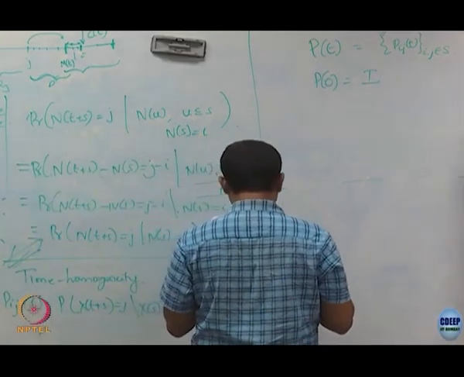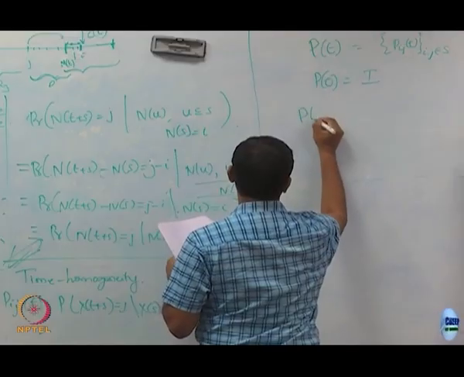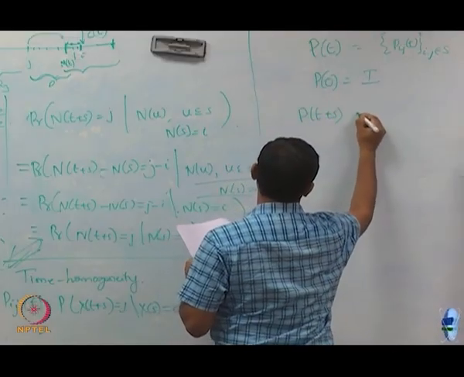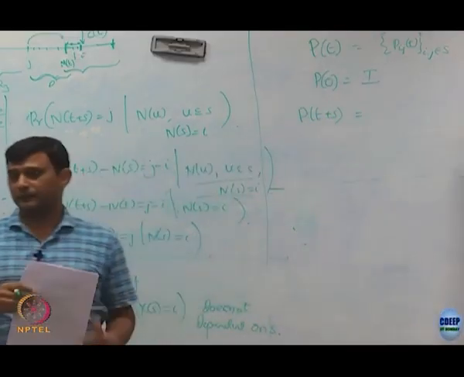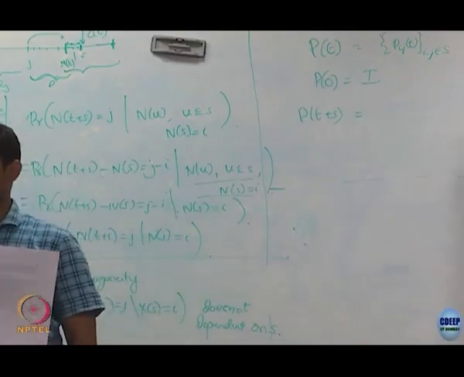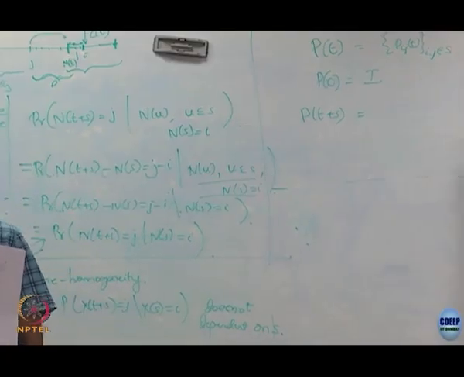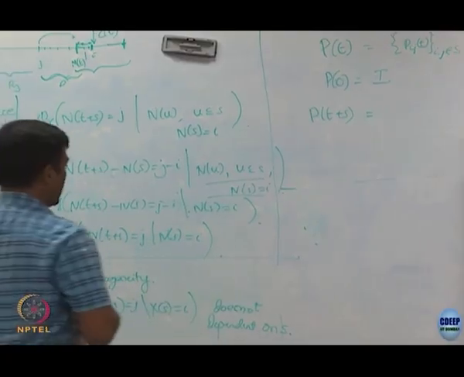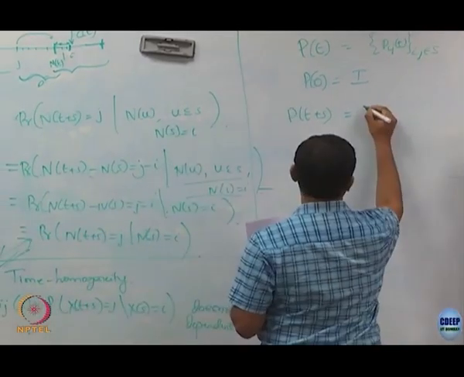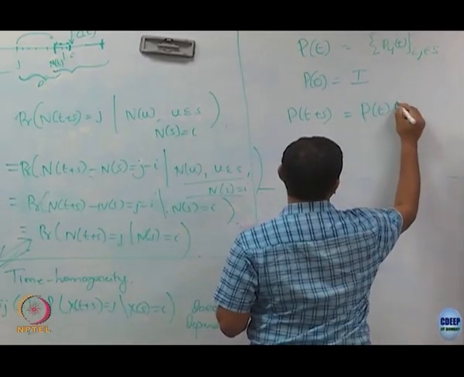And then this we are going to skip, but you can verify that the transition probability matrix for time t plus s can be written as P of t and P of s.